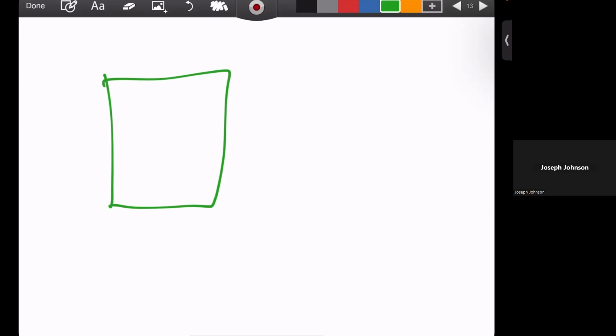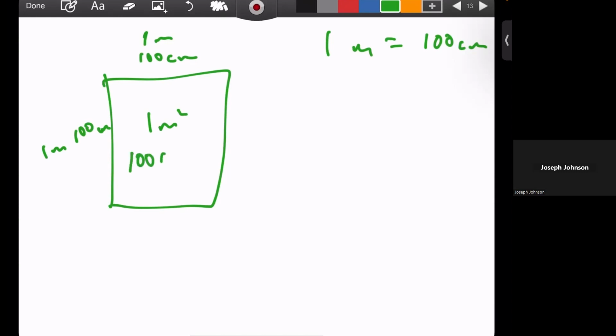So 1 meter is equal to 100 centimeters. 1 square meter is going to be 1 meter on one side and 1 meter on the other side, which means it's 100 centimeters on one side and 100 centimeters on the other side. So instead of 1 times 1, it's 100 times 100, which is 10,000 square centimeters. So 1 meter squared is equal to 10,000 centimeters squared.